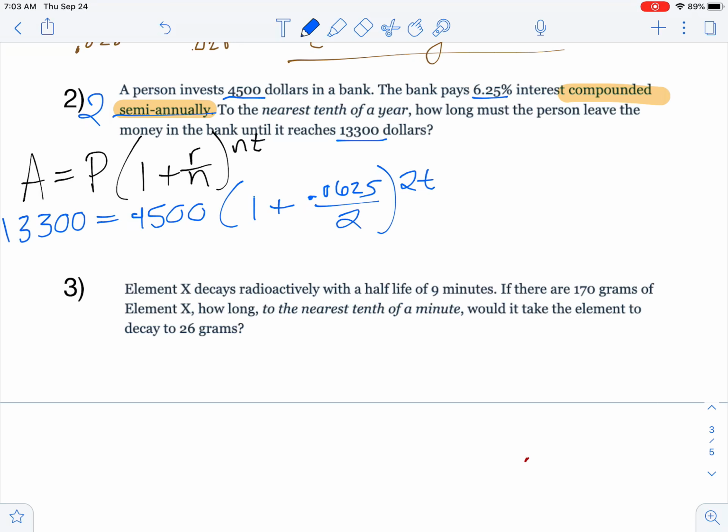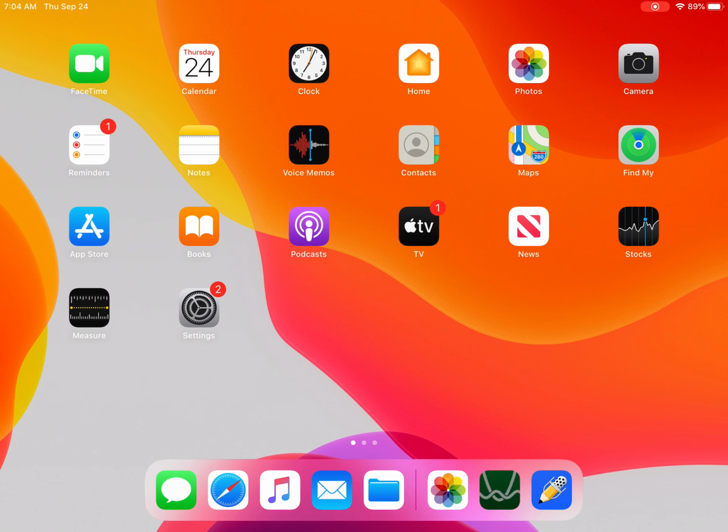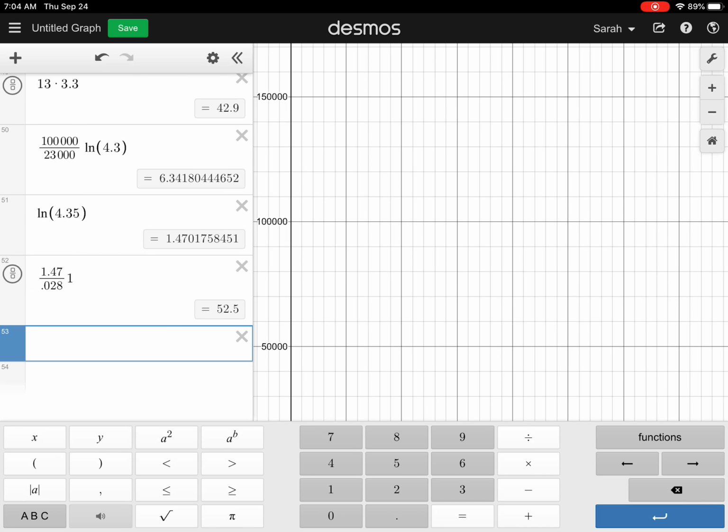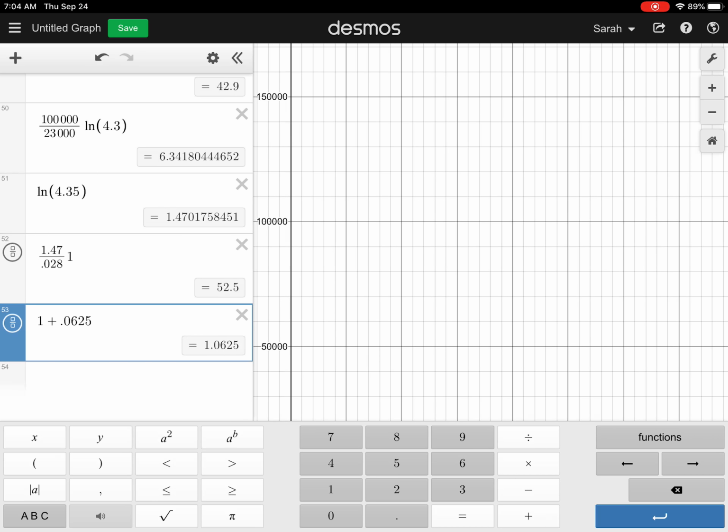And we are solving for t again, okay? So the first thing I'm going to do in that problem is simplify the inside of those parentheses. 1 plus 0.0625 divided by 2.